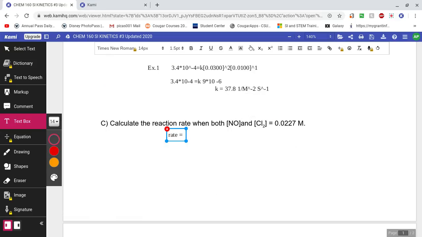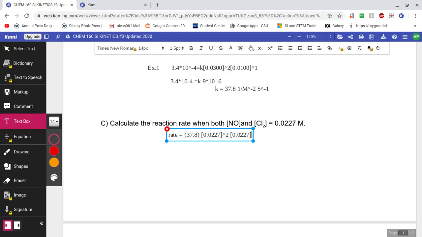So we know that our rate law, once again, is rate is equal to, typically you put k, but since we know it, we'll just put 37.8. Put that in parentheses to differentiate it. And then we'll do the concentration of NO, which is 0.0227 to the power of 2 times the concentration of Cl2, which is 0.0227.